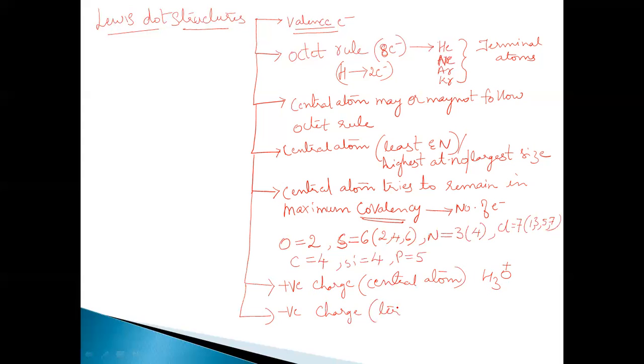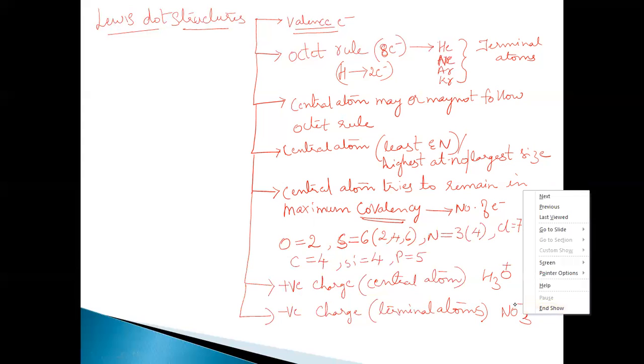All these conditions are to be kept in mind while writing the structures. For example, nitrogen is the central atom here and oxygen is terminal, so the negative charge is usually borne by the oxygen atom.